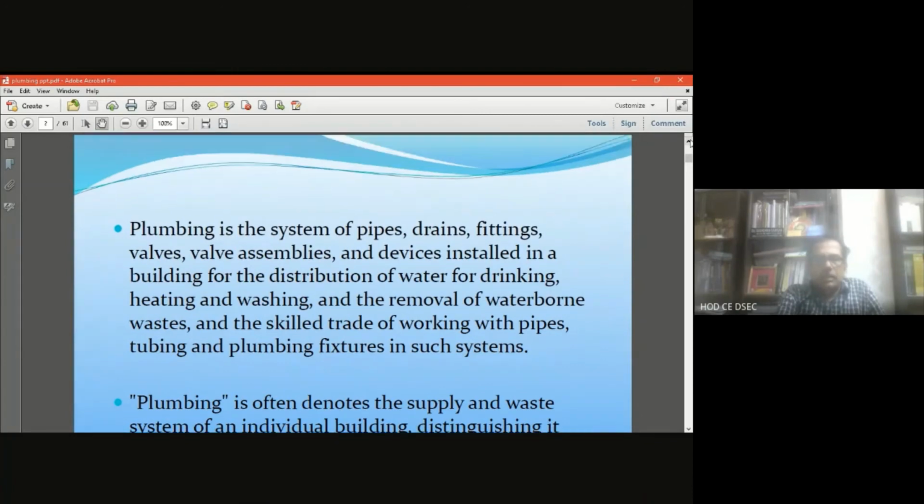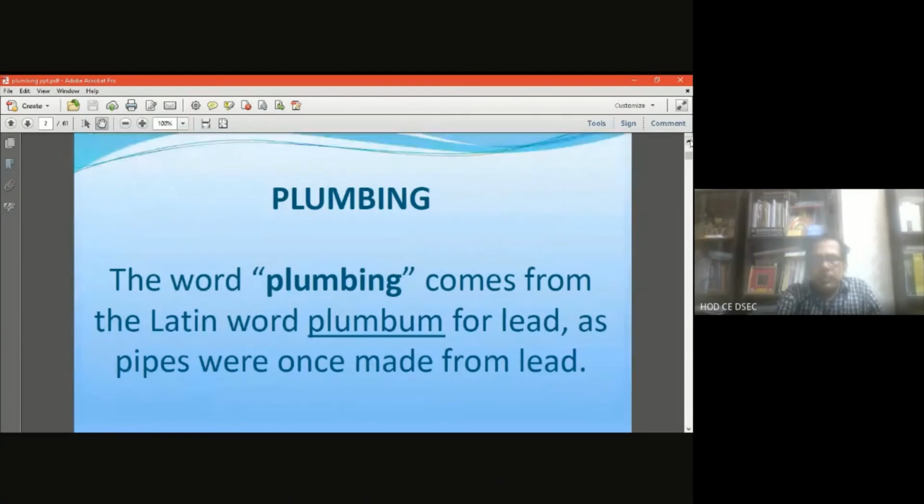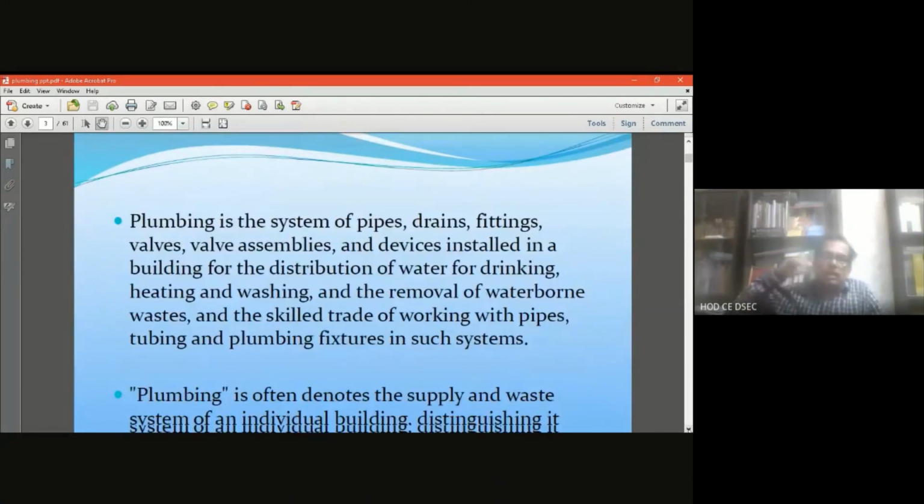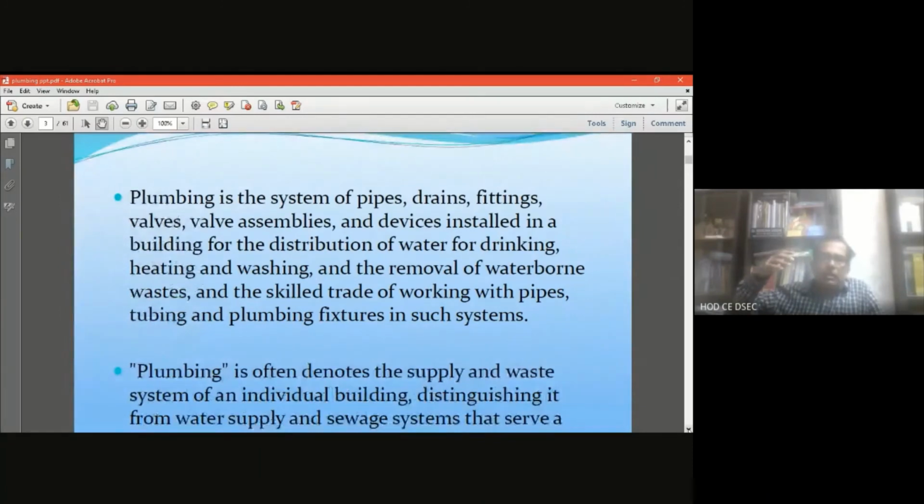We have seen the profile, the schematic diagram of the building, how the pipeline is fitted throughout the elevation of the building, and how the pipes are connected to the sanitary fittings.